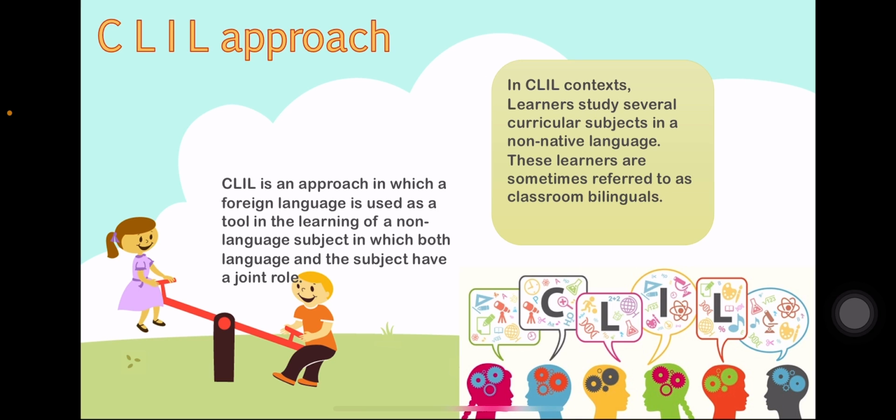In CLIL contexts, learners study several curricular subjects in a non-native language. These learners are sometimes referred to as classroom bilinguals. But why? Because, as I mentioned before, any subject like science or physics is taught in a different language, not using the mother tongue.